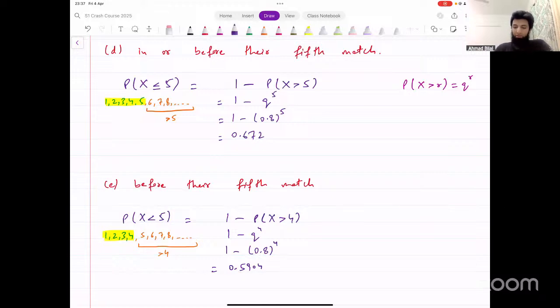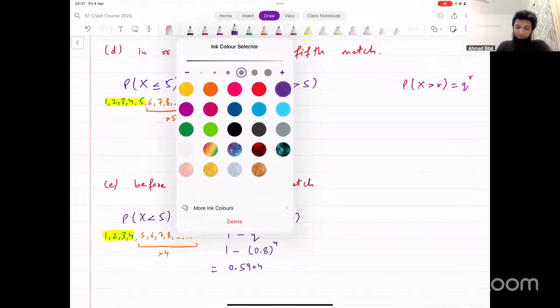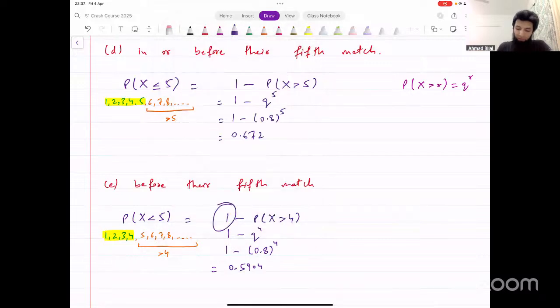So 1 is the total. From 1, we are subtracting this probability. Multiplication is already happening here in the formula. So 0.8 raised to power 4 is basically 0.8 into 0.8 into 0.8 into 0.8, right? So multiplication is happening there.